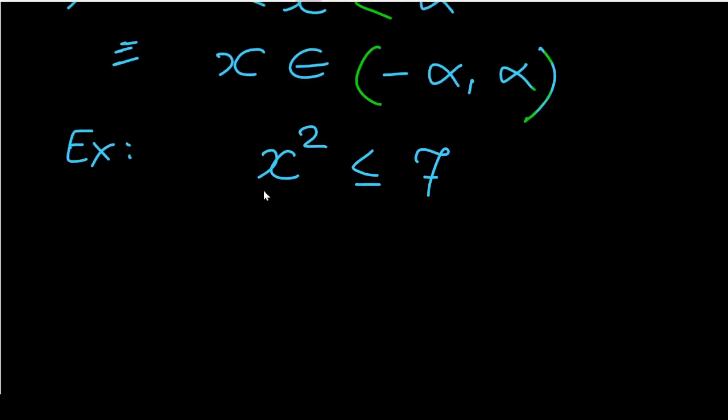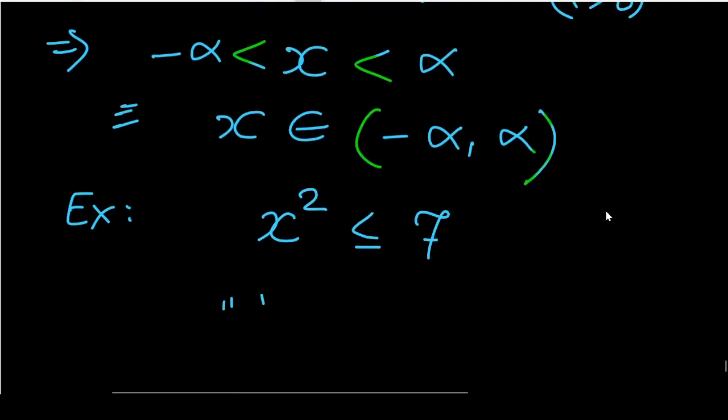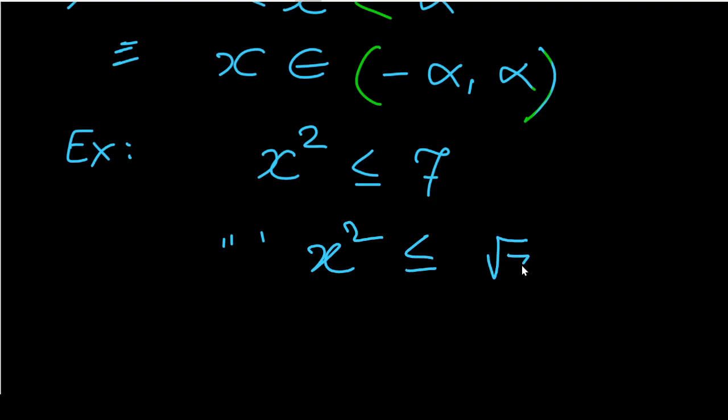So yes, guys, we can write it, since this is alpha. You can say that this alpha is positive here, so alpha square is also positive. So x square less than or equal to 7 can be written as root 7 square.